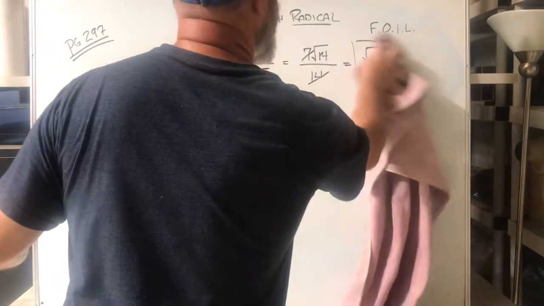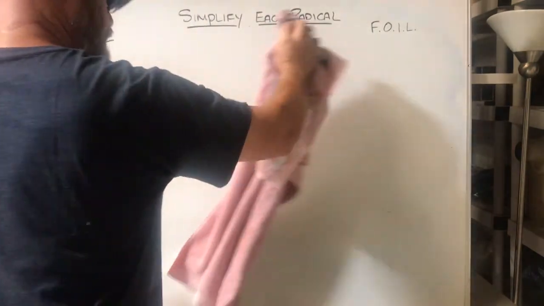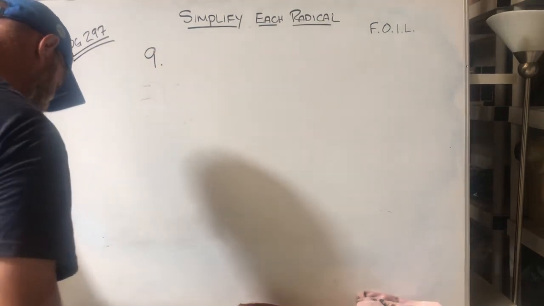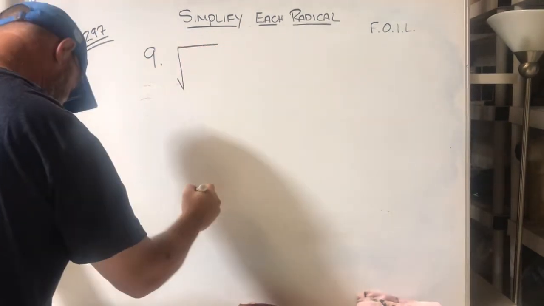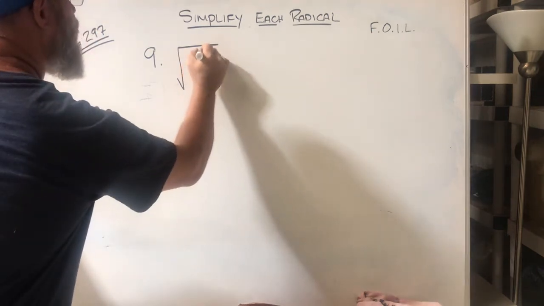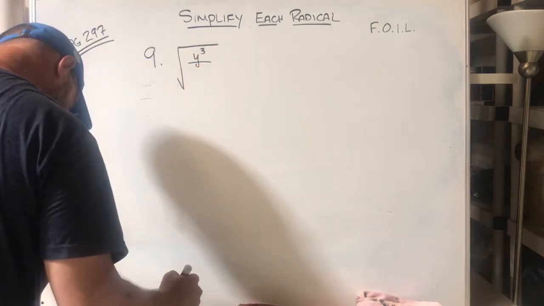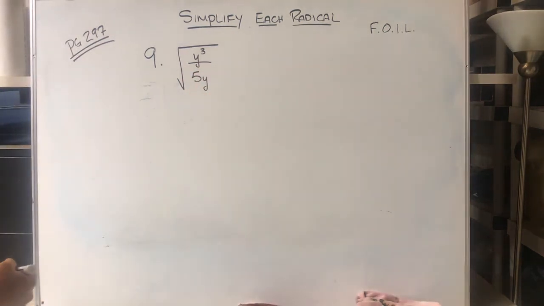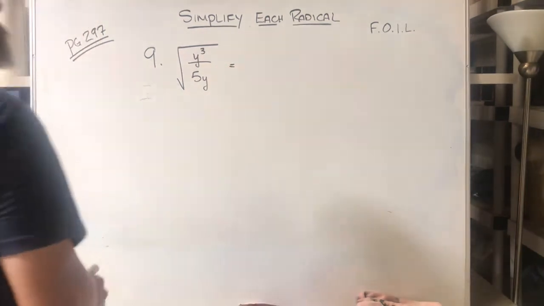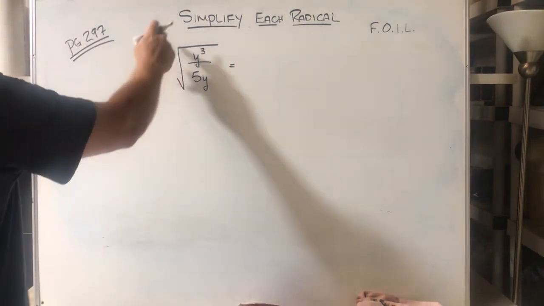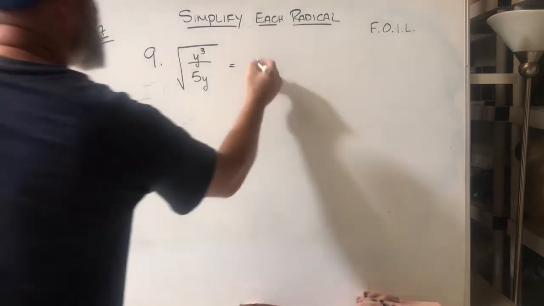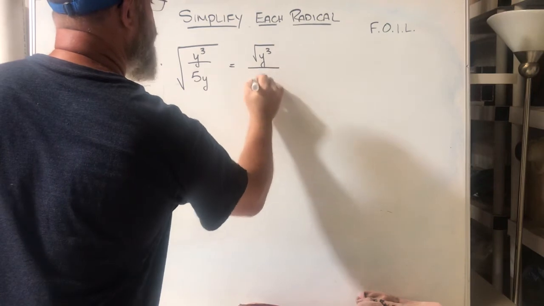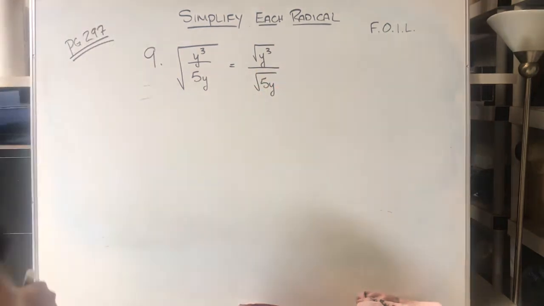And I believe number 9 is very similar to that. So let's do number 9. Number 9 is the square root of y cubed over 5y. All right? So what we can do with this is rewrite it: if I have the square root of this fraction, then that means the square root of the numerator over the square root of the denominator.